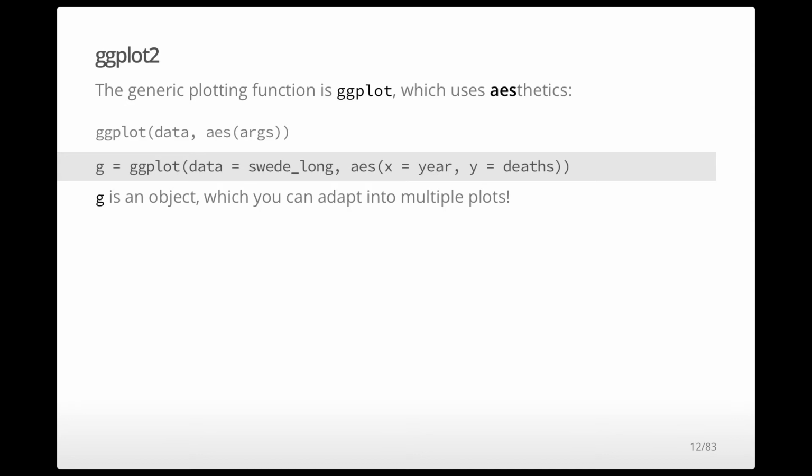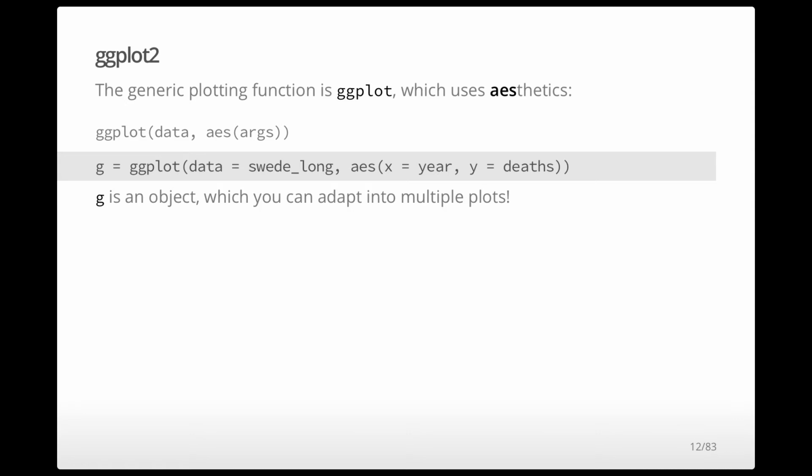So again, with ggplot, you specify the data set, and you have to put this thing called aesthetics in a function. But the one thing you should note, you can assign this to something, okay? This is going to be important because you can make a plot, add something to it, and print both of them out, and then change something, add to it, kind of iteratively, and save the output. So that is one of the big reasons why we teach ggplot over base.